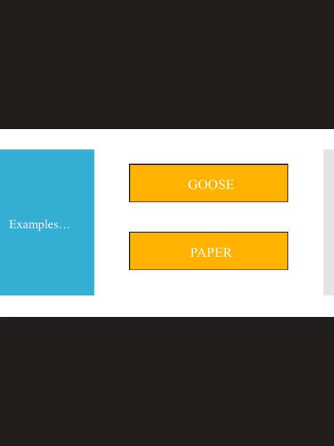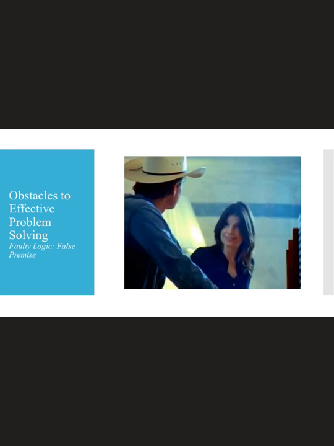With that, we're going to shift to obstacles with problem solving. So here we have a nice pic. We're going to look at faulty logic. An old cowboy walks into a bar and orders a drink. As he sits there sipping his whiskey, a young lady sits down next to him. She turns to the cowboy and asks him, "Are you a real cowboy?" He replies, "Well, I've spent my whole life on the ranch herding horses, mending fences, and branding cattle, so I guess I am."